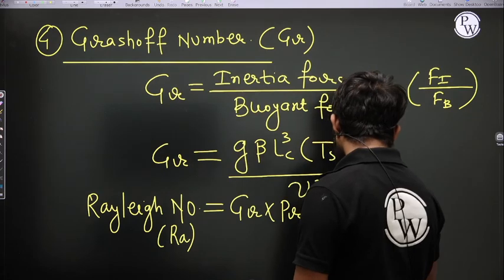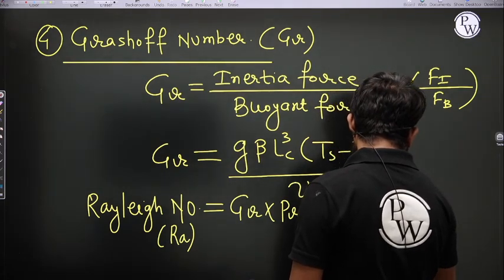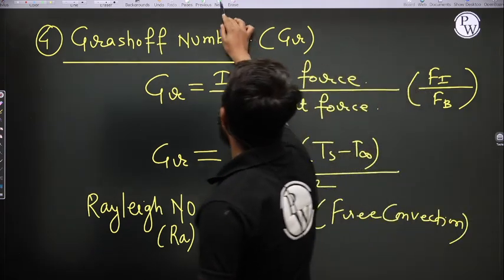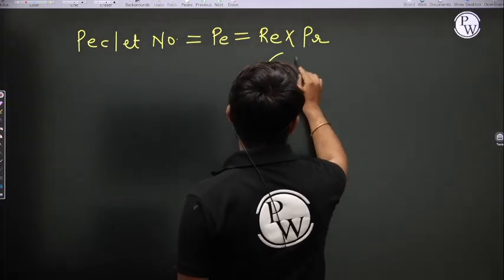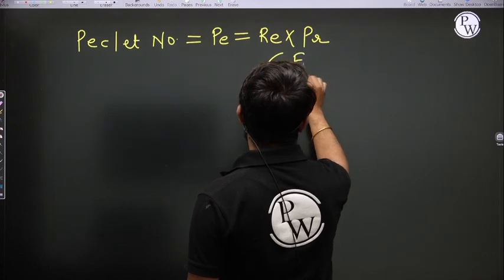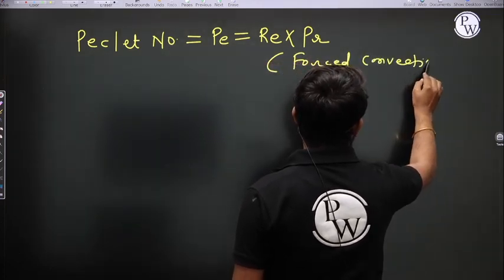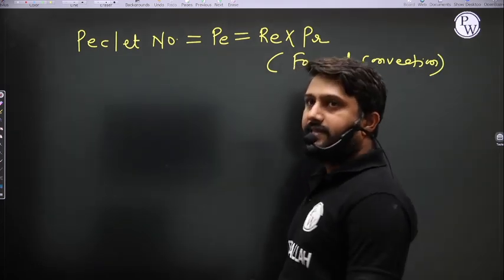The Rayleigh number is used in free convection, and the Peclet number, the Reynolds number times the Prandtl number, is used in forced convection. Is it clear?